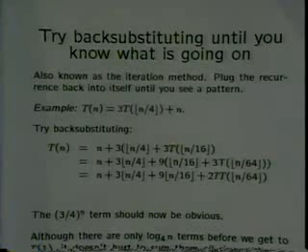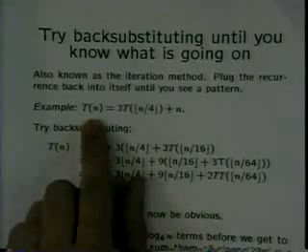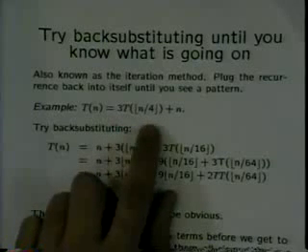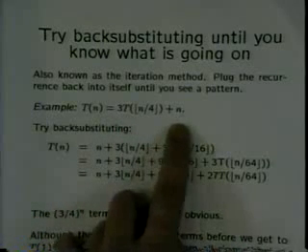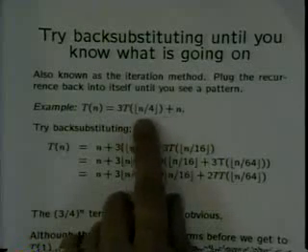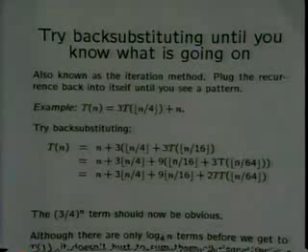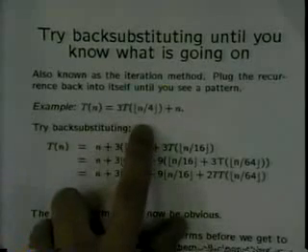So for example, suppose we want to solve the recurrence relation T(n) = 3T(n/4) + n. Usually when we talk about big O, we can ignore the floors. So if it makes things easier, at least as a first guess to help you get insight into it, you can drop it and play around with it. But let's see if we can solve this recurrence relation.